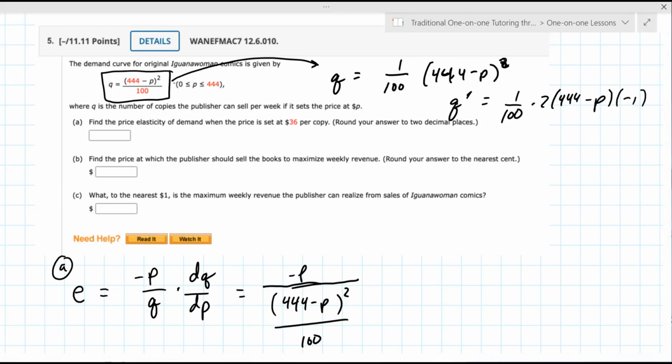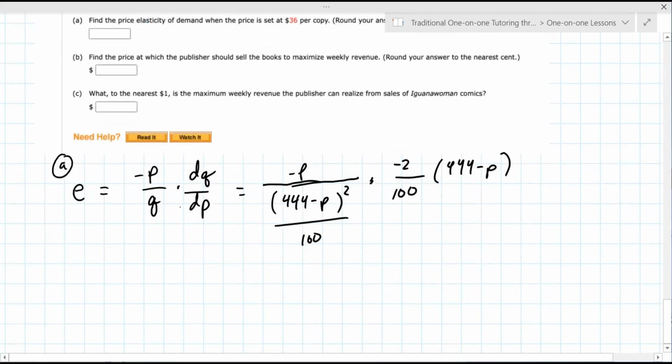So then that's negative 2 over 100. You can simplify, depending on how comfortable you are with all of this, because this one's pretty messy. So I just took this and brought it down here. The derivative you just found is dQ/dP.